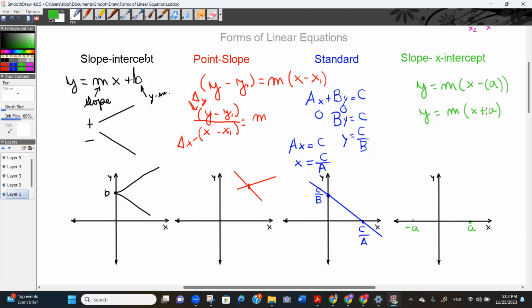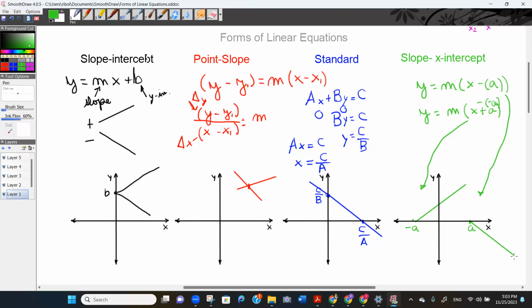You need to remember that the form actually has a minus, so whenever a is negative, negative times negative is positive, and that is what you are going to see. So this corresponds to this line, and this other one corresponds to this point on the positive side of the intercept. And of course, if the slope is positive, we have a positive slope, and if the slope is negative, we have a negative slope, wherever that may be.